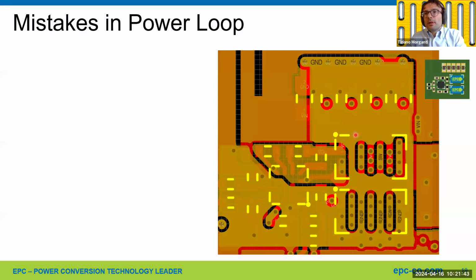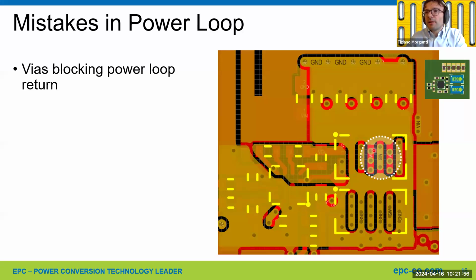Regarding the power loop, we have seen pretty often this kind of error: placing vias, too many vias, basically. And those vias are blocking the power loop return polygon.